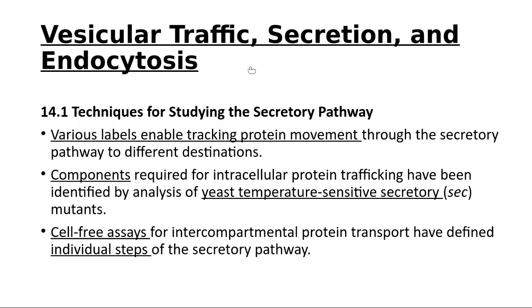Her lab studies protein movements by using tracking dyes. Basically, her lab creates a hypoxic environment for yeast cells. A hypoxic environment means less oxygen than the required amount.